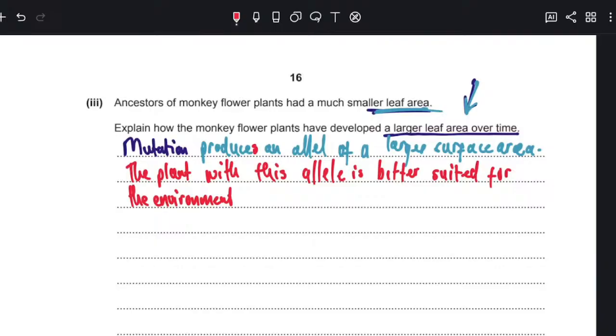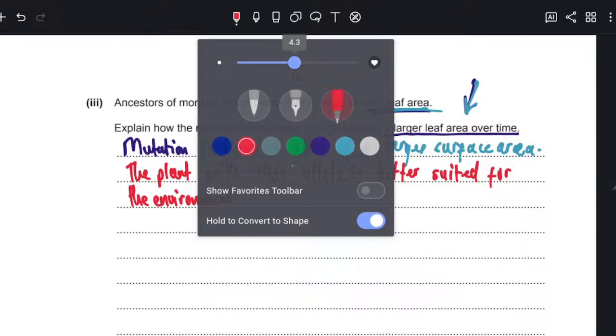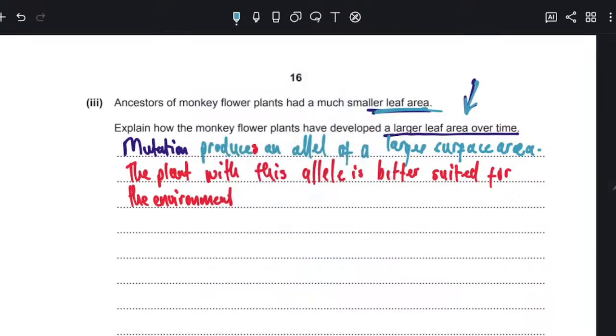Yes, you have to say that. So you're going to now say the plant with this allele is better suited for the environment, right?